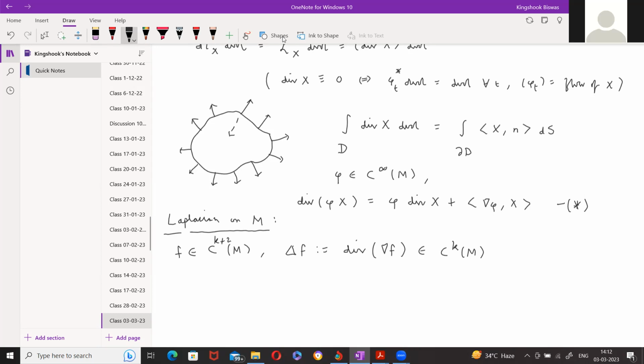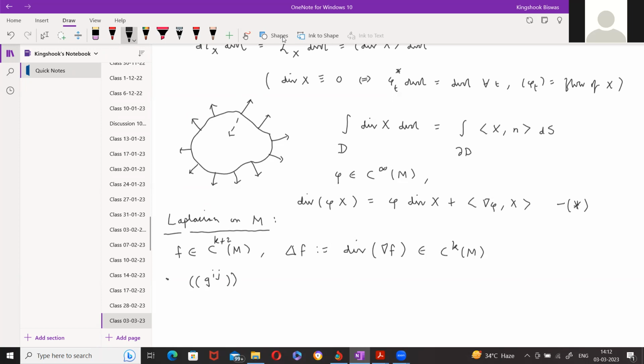Okay. So this Laplacian, you can see it's going to be a second order differential operator. Because first of all, remember, we derived an expression for the gradient vector field.